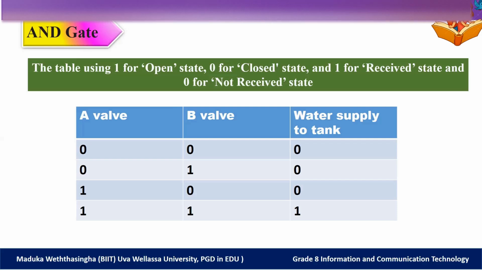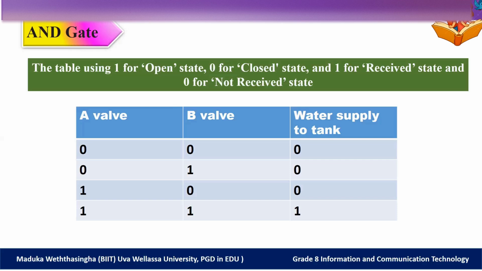If both inputs are true, output is true. You have to remember that. In the AND gate, if both inputs are true, output is true. You have to remember that statement, right?